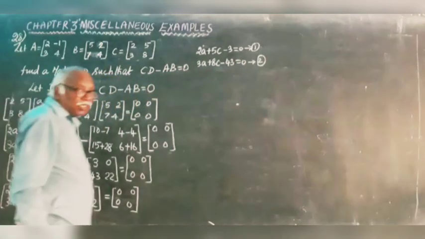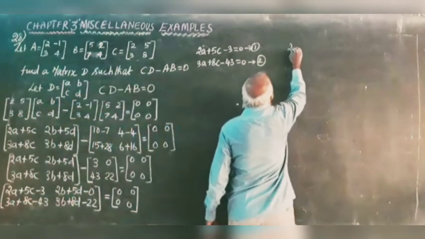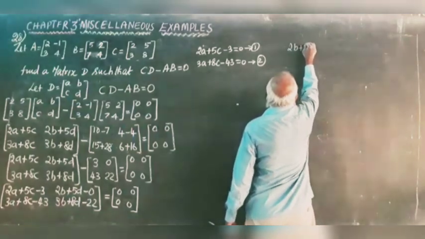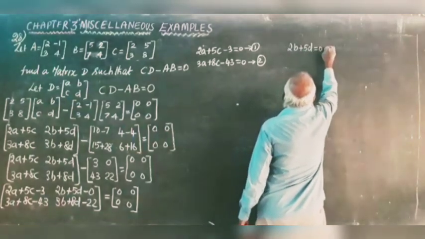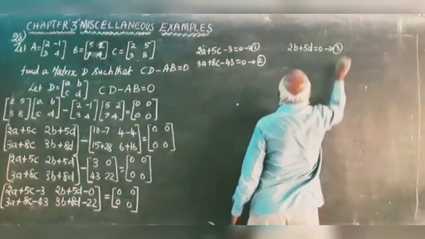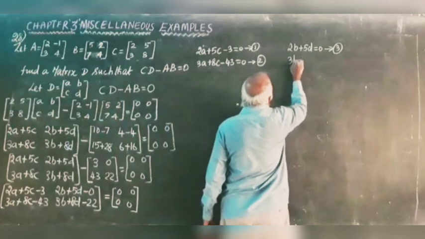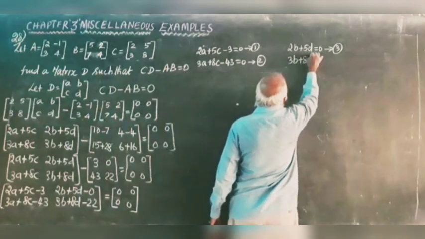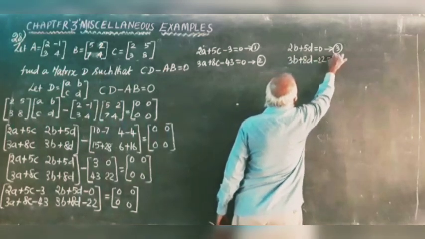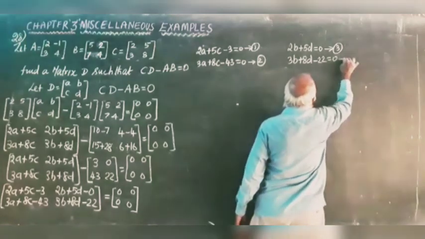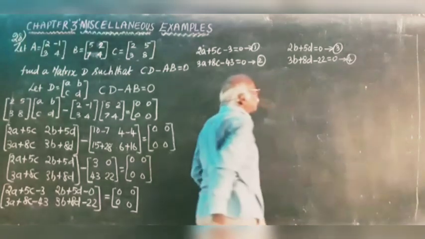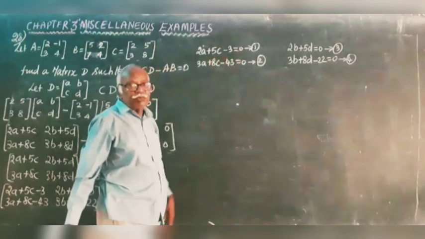2b plus 5d equal to 0, equation number 3. 3b plus 8d minus 22 equal to 0, equation 4. Now solve 1 and 2, and 3 and 4.